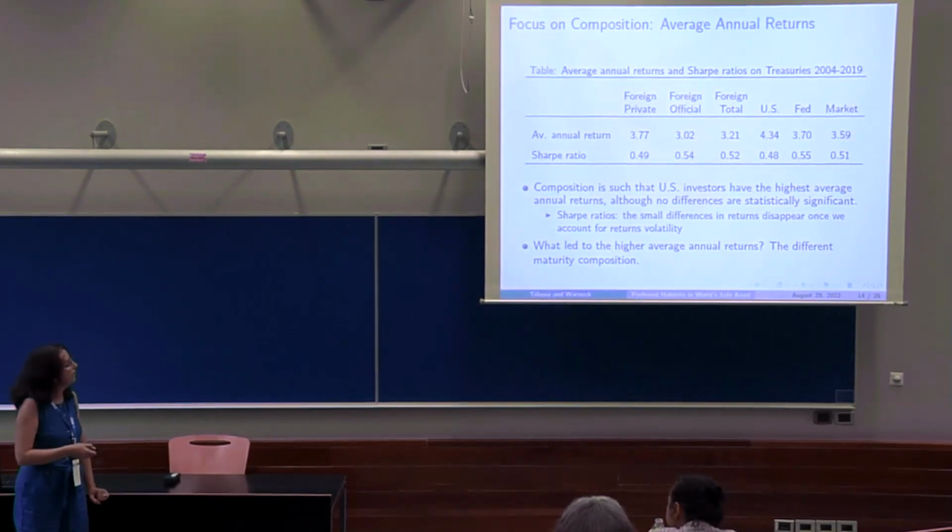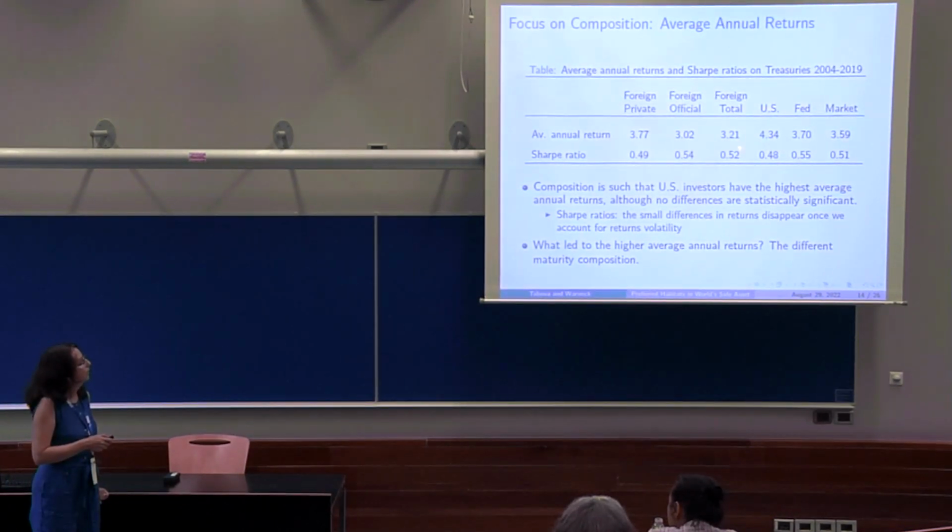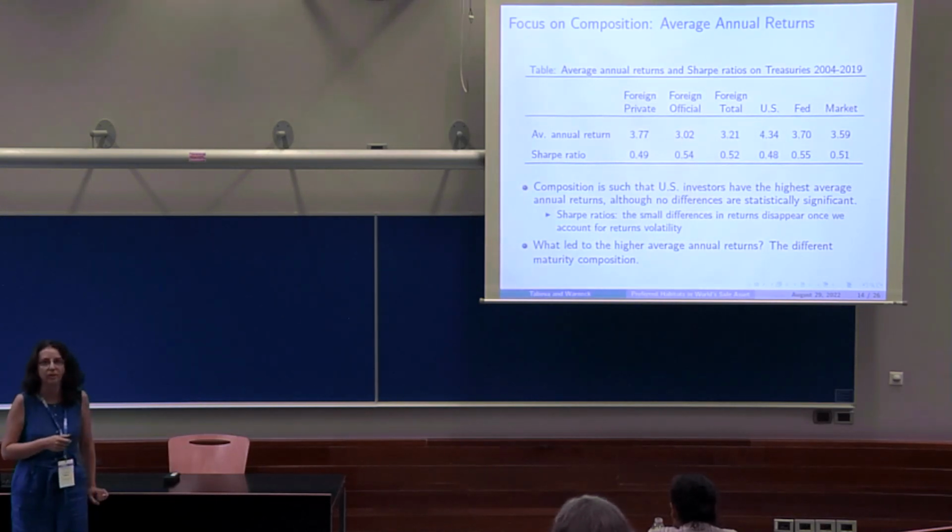And what we see is that the US has the highest return, roughly 130 basis points higher than the foreign official, which is roughly the differential I showed you in the beginning between the 7-year treasury and the 3-year treasury.